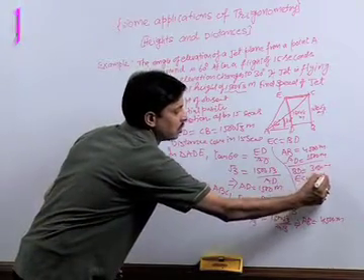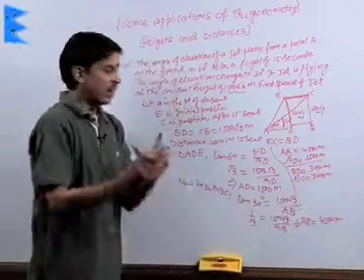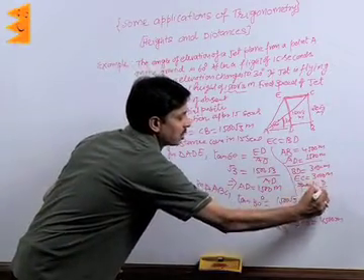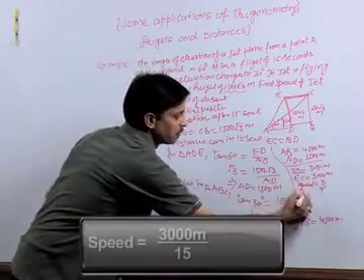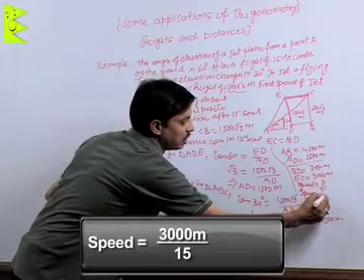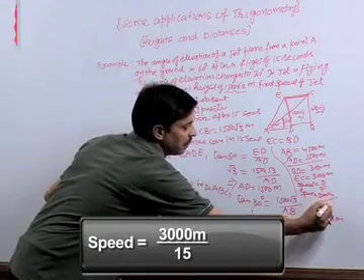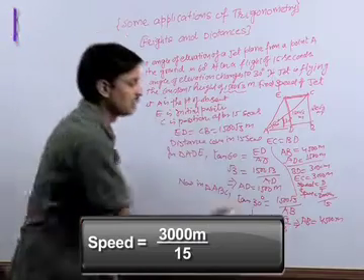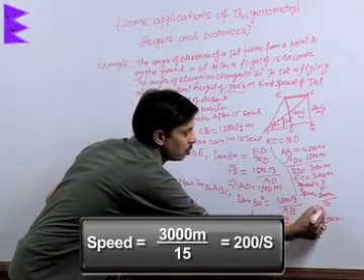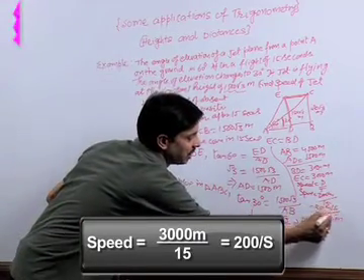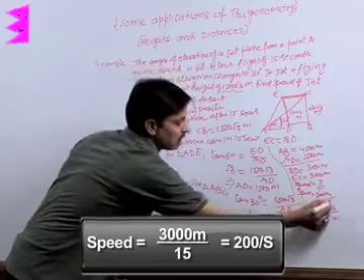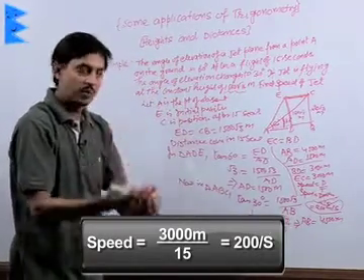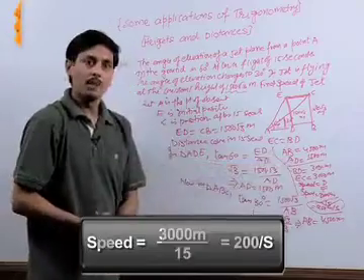EC is also equal to 3000 meters, and speed of the jet is distance upon time. So speed of jet, distance 3000 meters, time 15 seconds. So 3000 upon 15, the answer is 200 meters per second. So the speed of the jet plane in the given situation is 200 meters per second.